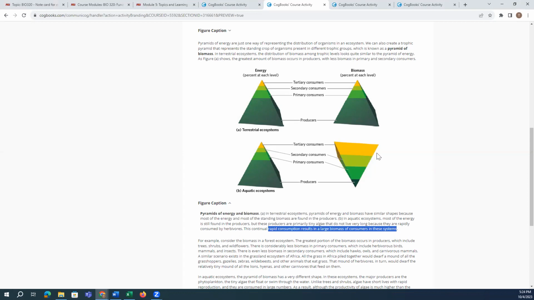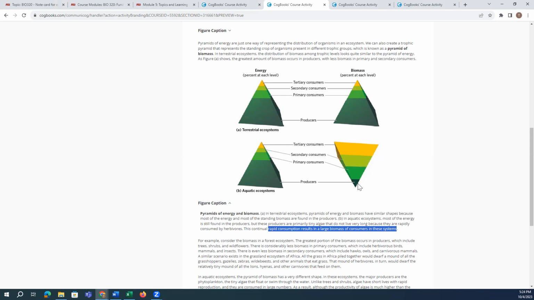So there's more biomass of whale and other consumers like that than there is of the lower level producers. And the reason they don't run out of these producers is because they can reproduce so quickly. They get consumed almost as rapidly as they get produced.